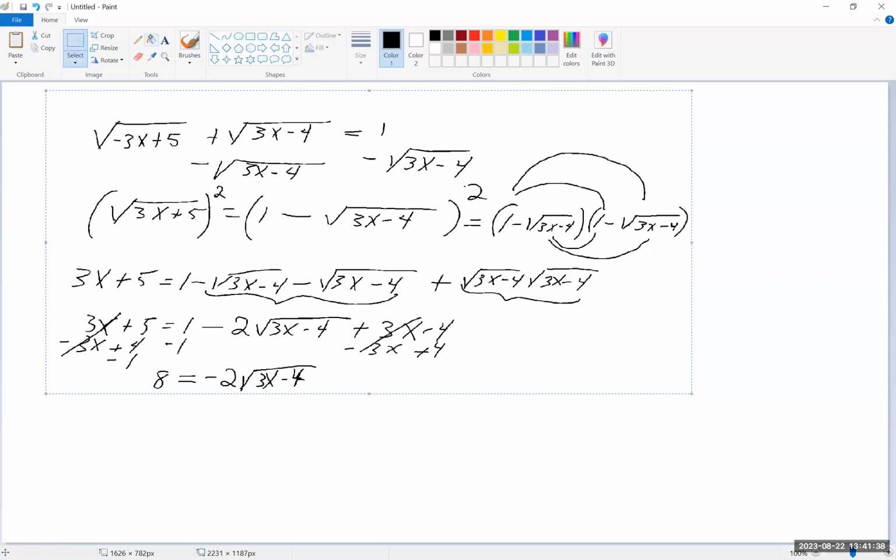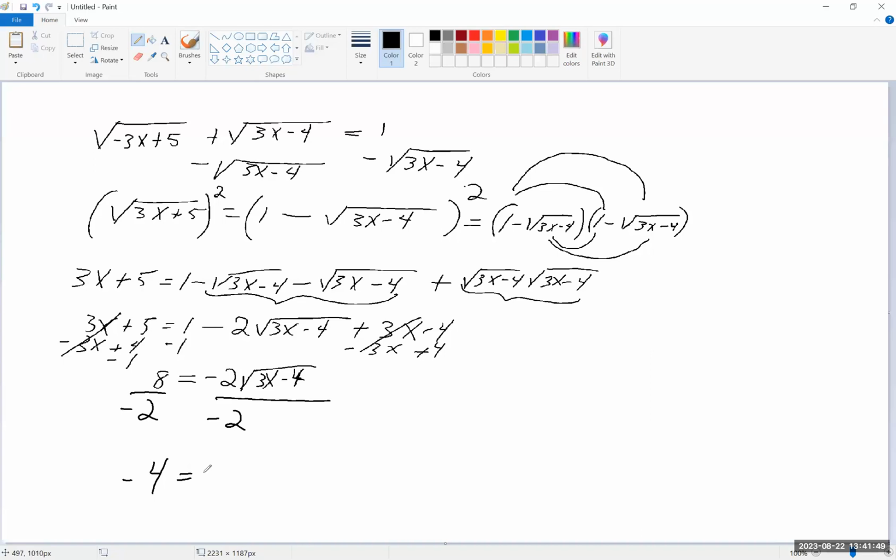Okay. I'm going to divide by -2. I'm left with -4 is equal to the square root of 3x minus 4.